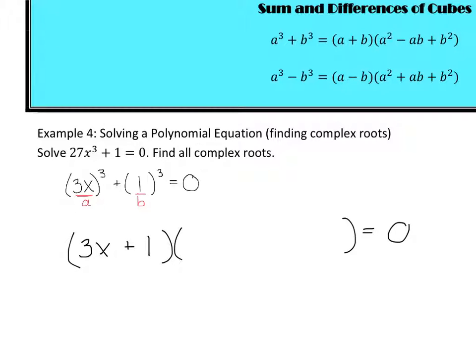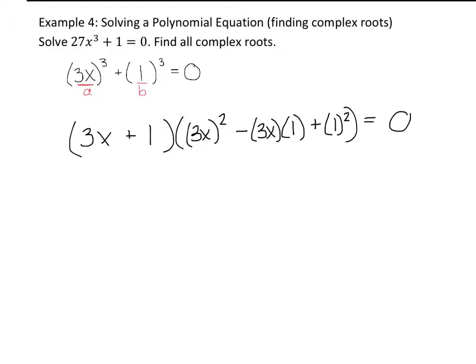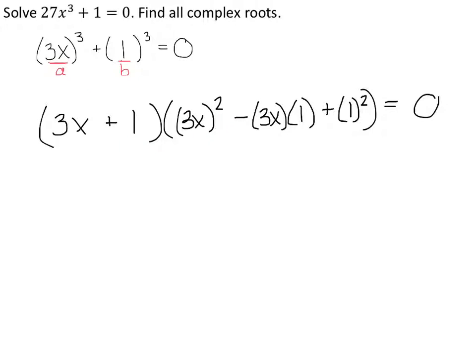Instead of a squared, we write parentheses 3x, close parentheses, squared. Instead of negative a times b, we write negative 3x times 1. Instead of plus b squared, we write plus 1 squared. Any questions on that part? All right.